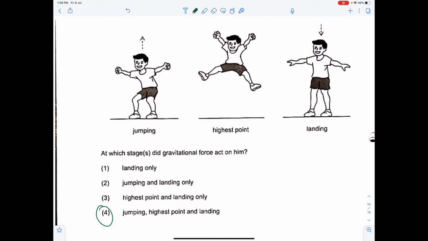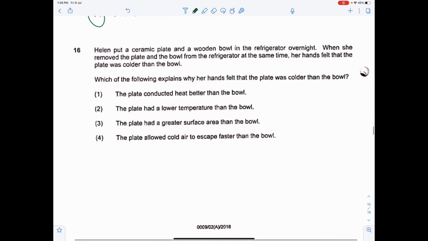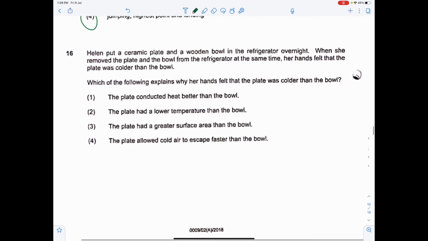Okay, whether he is jumping, at the highest point, or landing, gravitational force is acting on him at all instances. Okay, this question. Helen put a ceramic plate and a wooden bowl in the refrigerator overnight. So annotate first straight away different materials. Okay, this will help you see what is the point of this experiment.